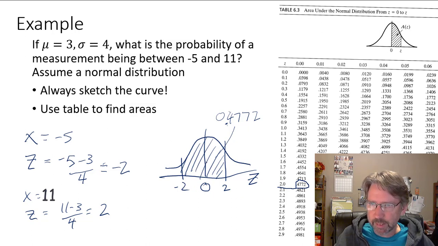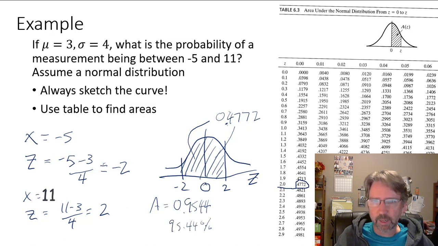It's the same as the +2 in this case, so it's also 0.4772. So the total area under the curve from -2 to 2 is twice this, so it's 0.9544. So 95.44% could be our answer.